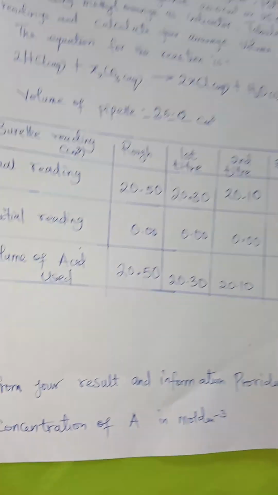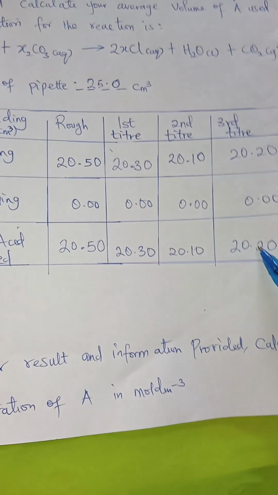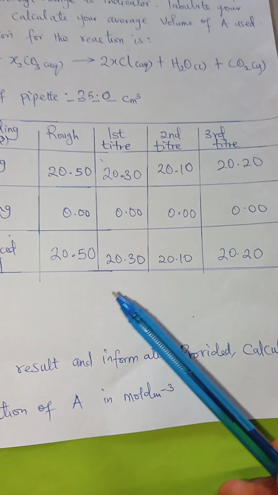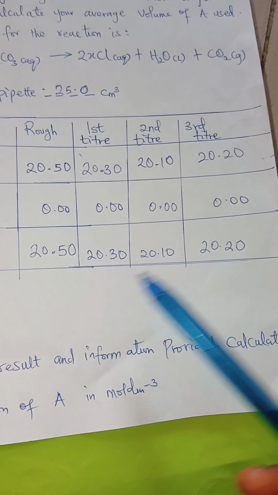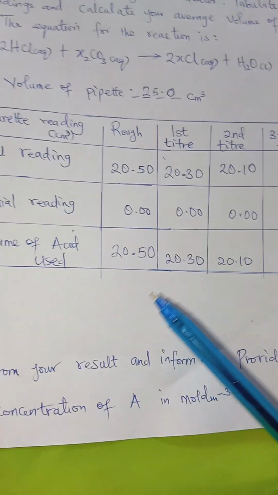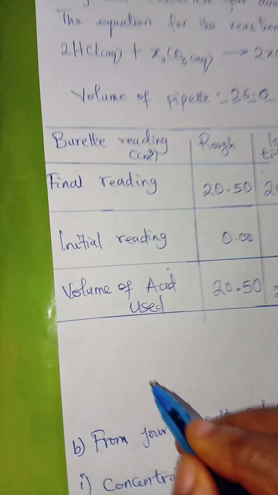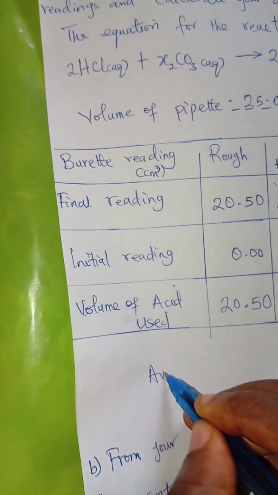Now let me check if these 3 values are concordant. You can see that the difference among these 3 values is plus or minus 0.10. So definitely these values are concordant. I will go ahead to calculate my average volume of acid used.